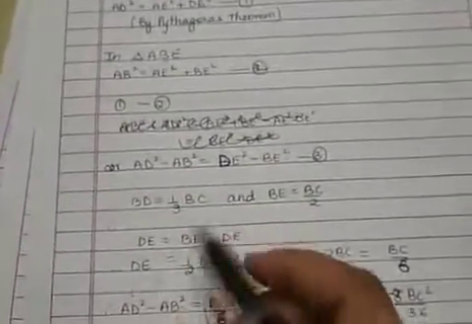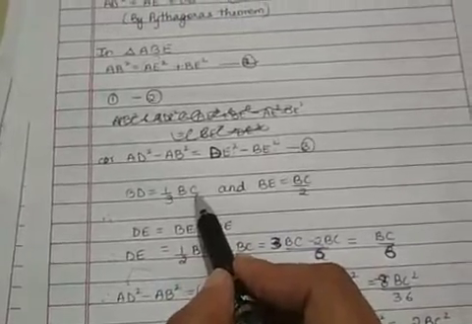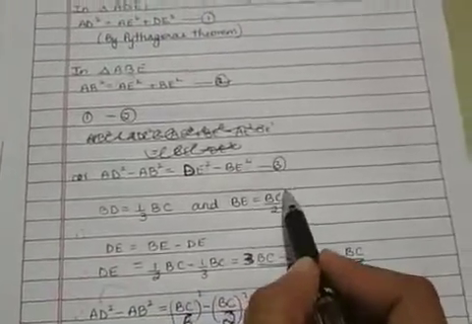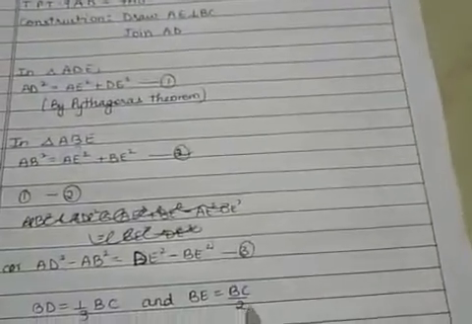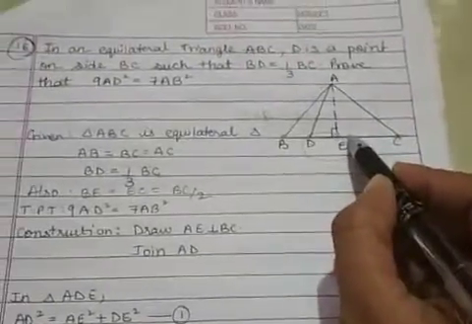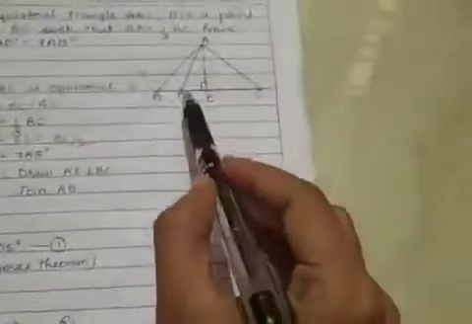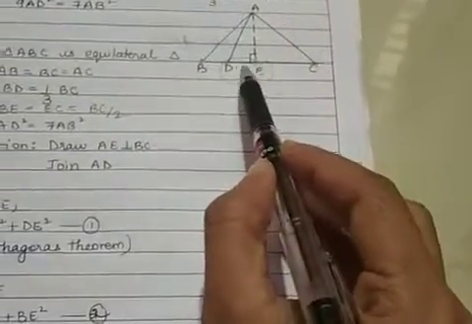Now in the question, we know BD is 1 upon 3 times BC, and BE is half of BC. Let us substitute. We are finding this to find DE. What is DE? DE is BE minus BD.